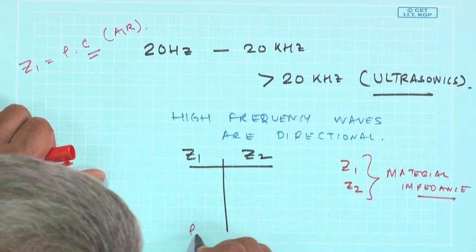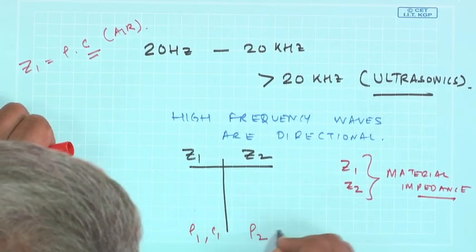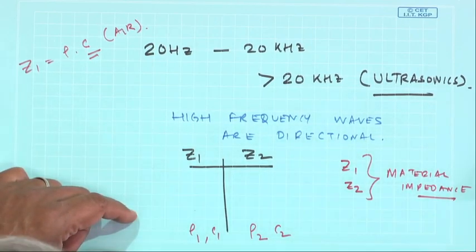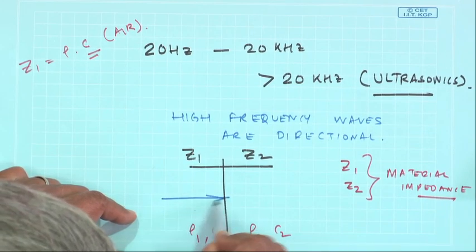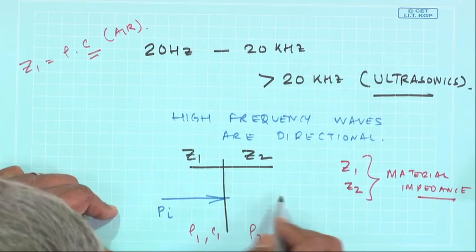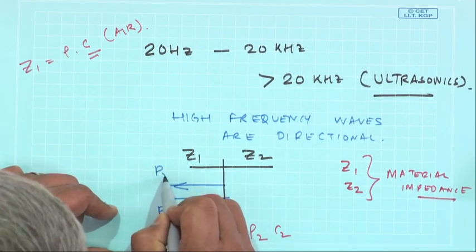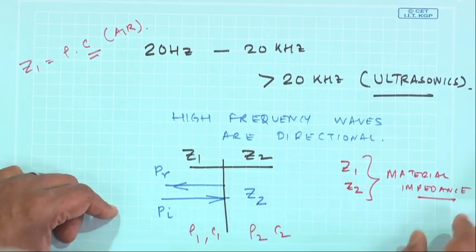They may be of a different density, rho 1, rho 2, and C1, C2, speed of sound in the medium. So, what happens if at an interface I have an incident wave, this will get reflected. It is because of this impedance Z2.